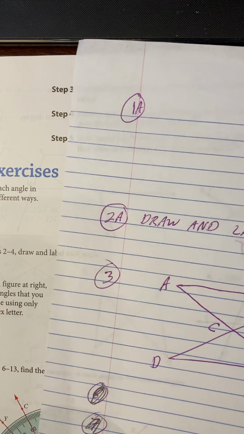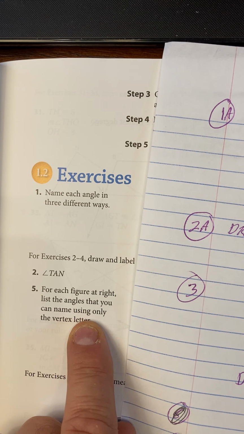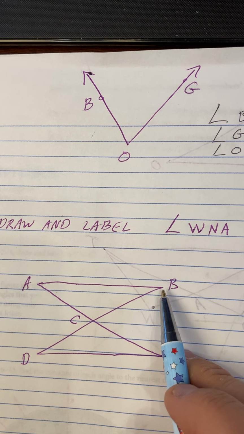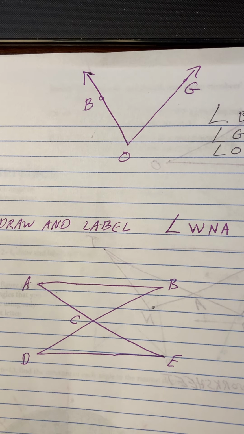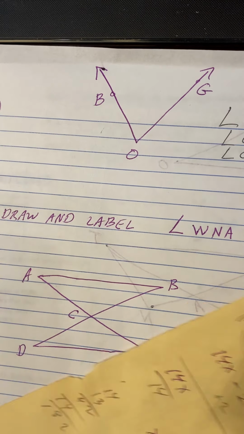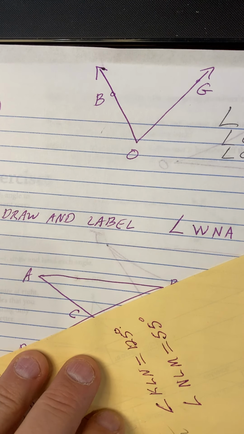For each figure at right, list the angles that you can name using only the vertex letter. So if I said angle B, would you know that I'm talking about the angle here, right, there it is? If I said angle B, would you know that I'm talking about the angle right there?